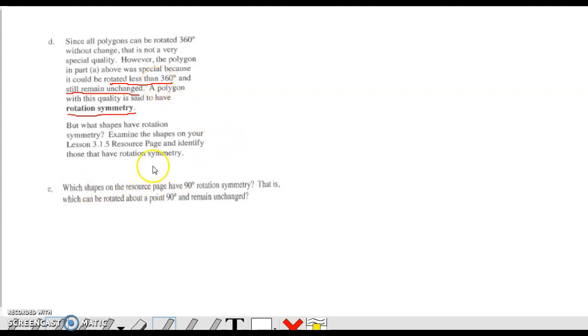And then coming back and answering this last question, E: which shapes have 90-degree rotational symmetry? Again, how we can double check is the addition sign, because this will be a 90-degree angle. If I move that dot, it doesn't matter if that dot is now here, or if I want to recreate it and that dot is right here.